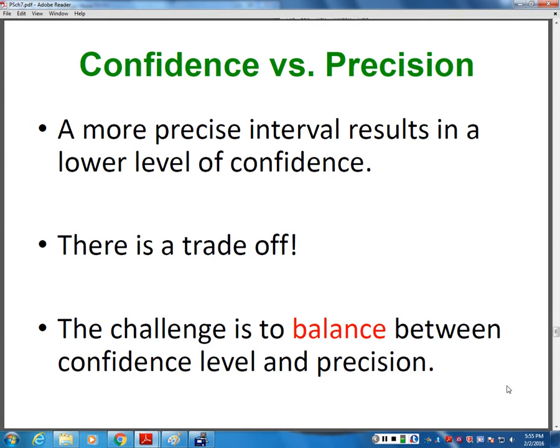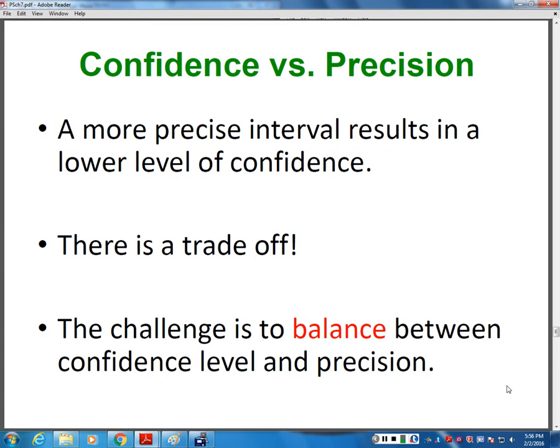If you want to be very confident, then just make a really big confidence interval, make a really big range. But it won't be very precise. So there's a trade-off there. You can have a lot of confidence, but you won't have much precision. You can have a lot of precision, but it's going to hurt your confidence level.